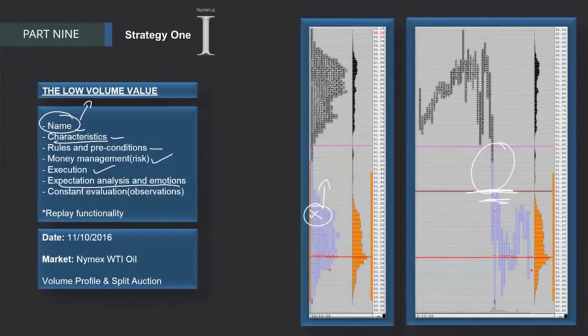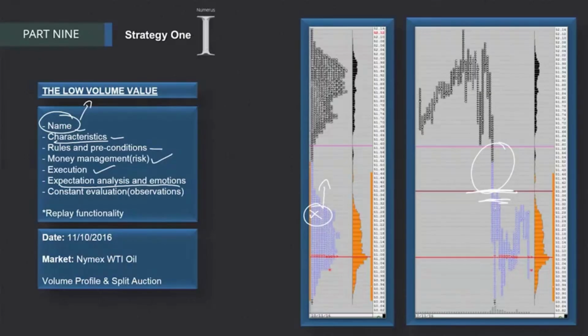But by interpreting that I might go offside very early on, this will enable me to sit in the trade even when I do go offside, because I've emotionally understood what the potential is in terms of my risk. So make sure that when you do talk about emotional analysis, make it personal, make it so that it makes sense to you, but also that you understand from an emotional aspect what you might experience in the trade strategy.